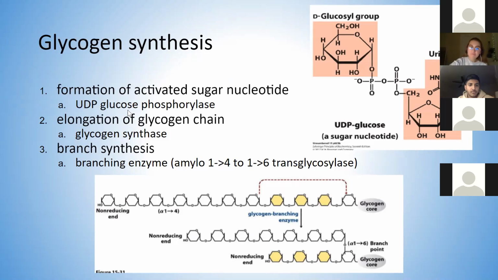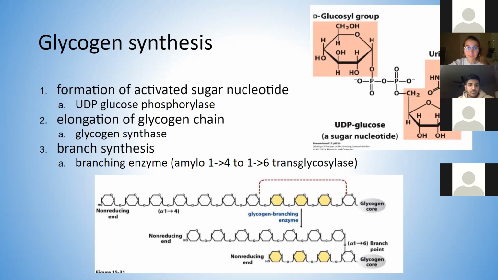So once we have that UDP glucose, so this step I forgot to mention is catalyzed by UDP glucose phosphorylase. Once we have our activated UDP glucose, then we are all set to begin elongating the glycogen chain. And the enzyme we use to elongate the glycogen chain is glycogen synthase, or as called in the lecture, glycogen synthase AB.